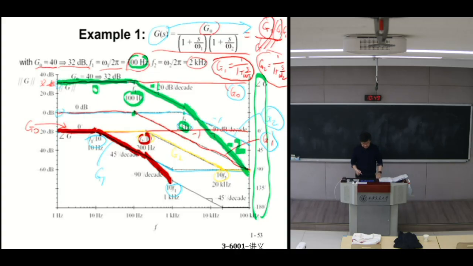Then you see 10 times F1, another turning point. The slope is also changed. And in the end, you see 10 times F2.